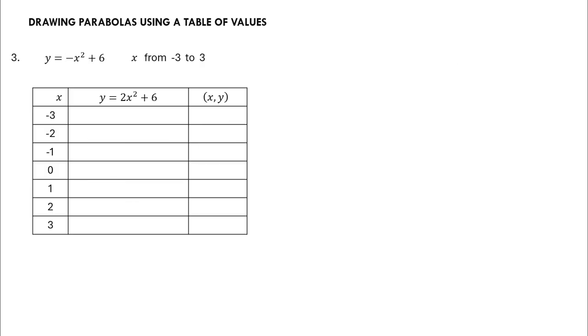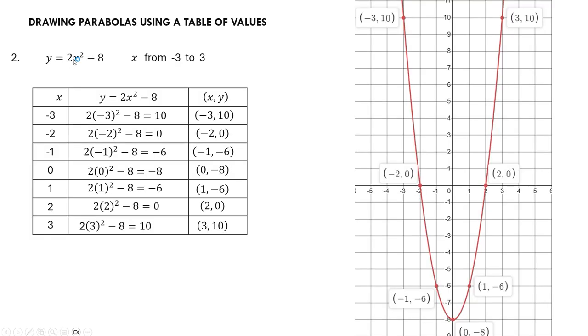Now in question 3, the x squared value has a negative coefficient. With the positive coefficient, look at the shape of the graph. Kind of looks like a happy face.